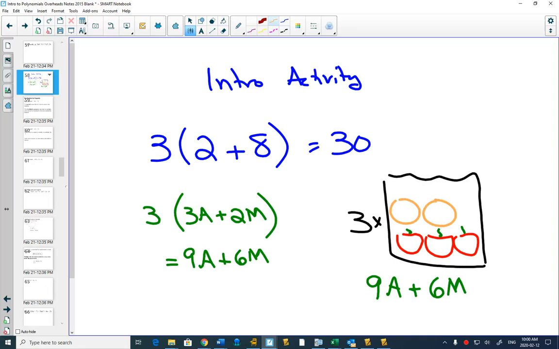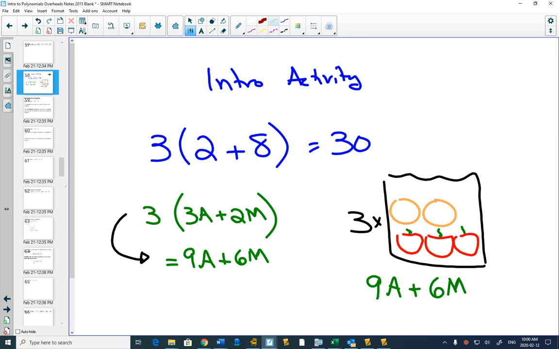You can't just put them together and say I have 5 appledrins, or whatever they would be. Okay? So the question is, if this was the algebra, how could we get from here to here without having to draw a bag of apples and oranges?